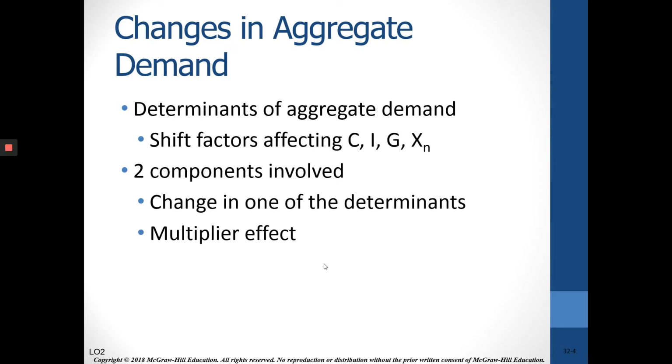Those make up total GDP: consumer spending, investment, business spending, government spending, and then net exports. And when any one of those changes, through that multiplier effect, the GDP can increase dramatically or decrease dramatically.